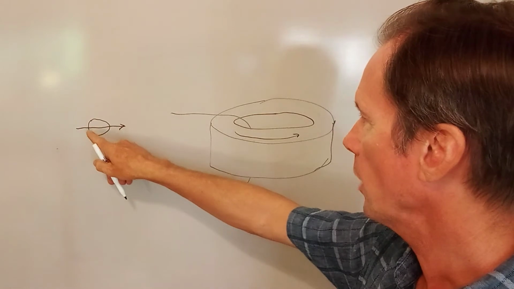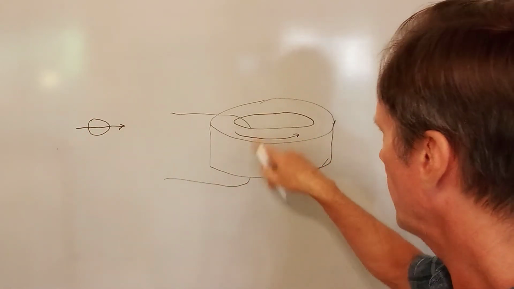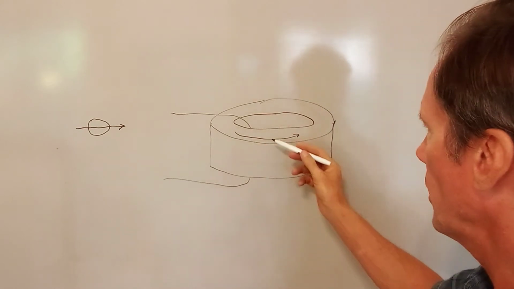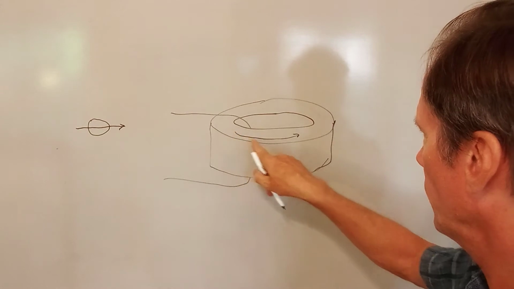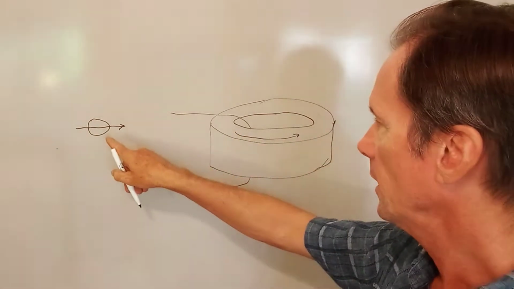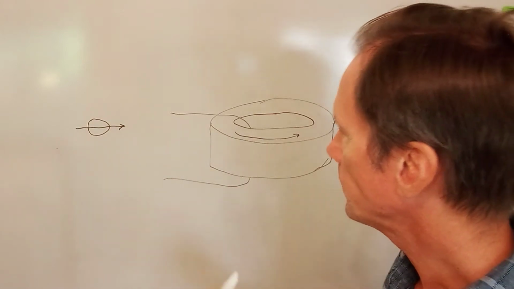They'd all be more or less oriented this way for this particular diagram, where the front part of the toroid magnetic material has a magnetic field oriented in this direction, caused by all these spins pointing this way.